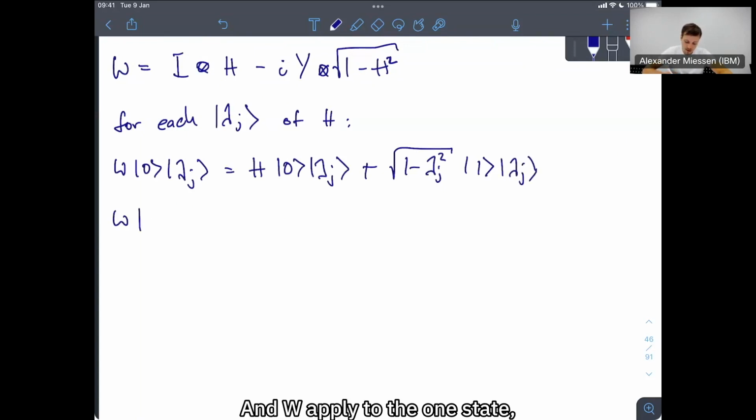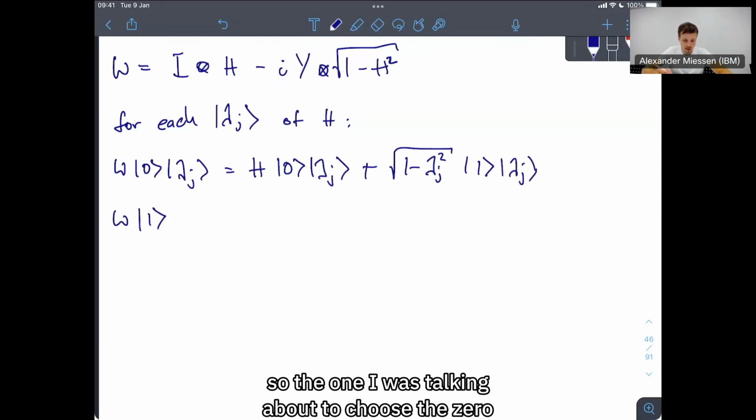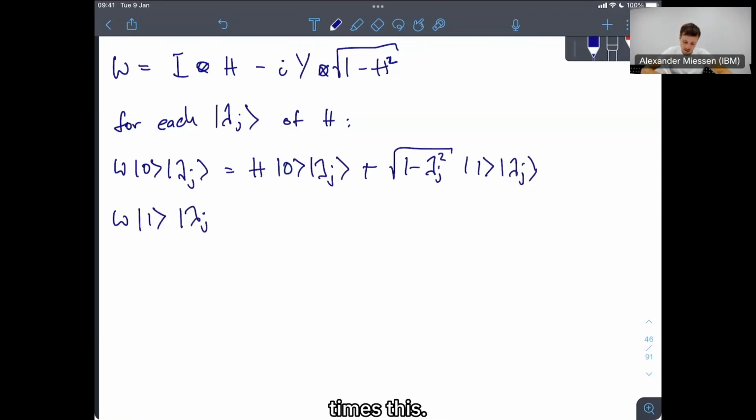And W applied to the one state, so the one orthogonal to the zero, times this.